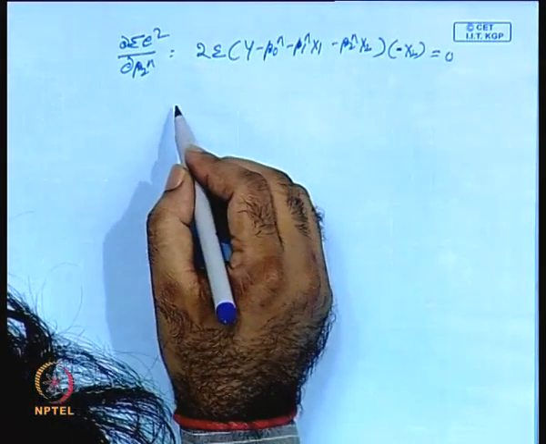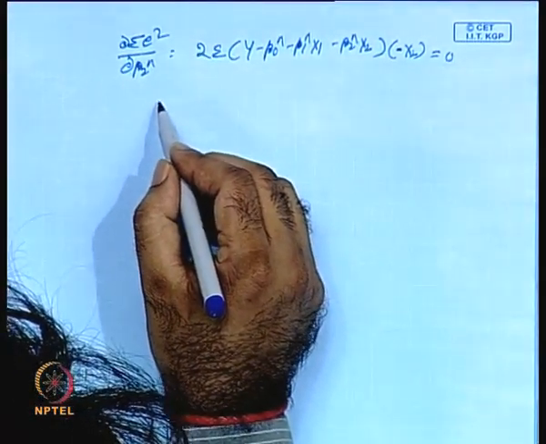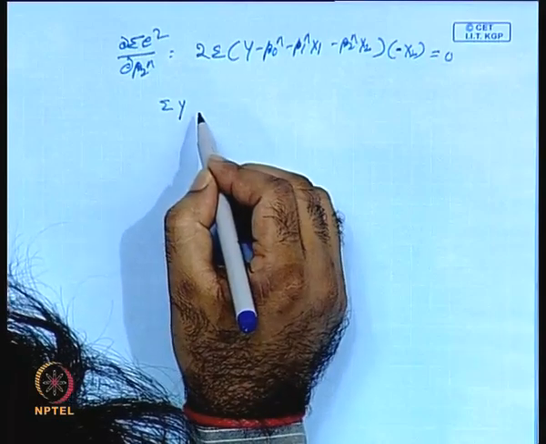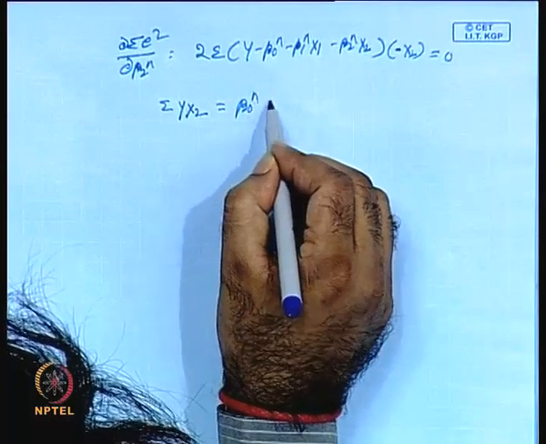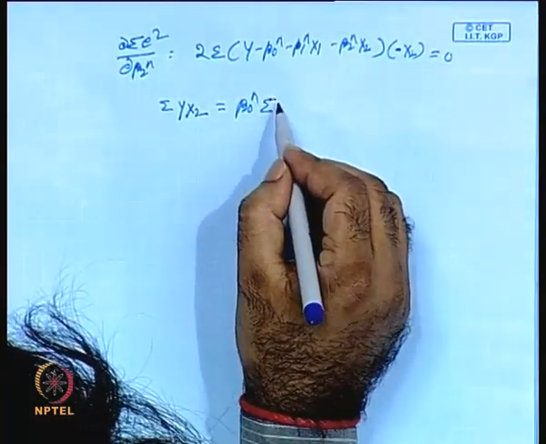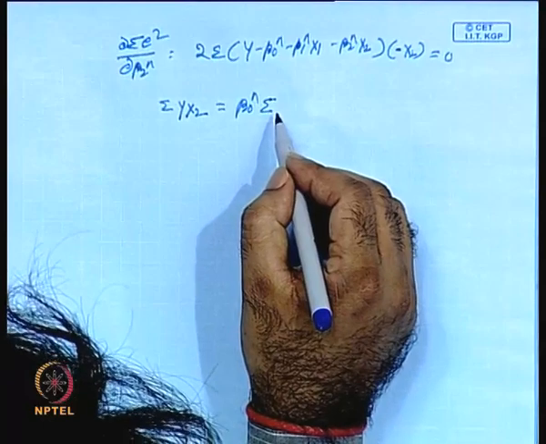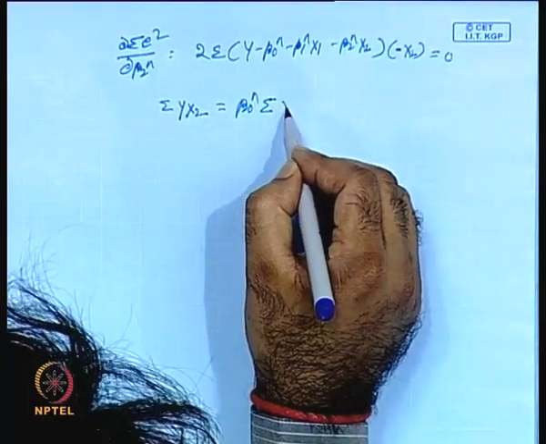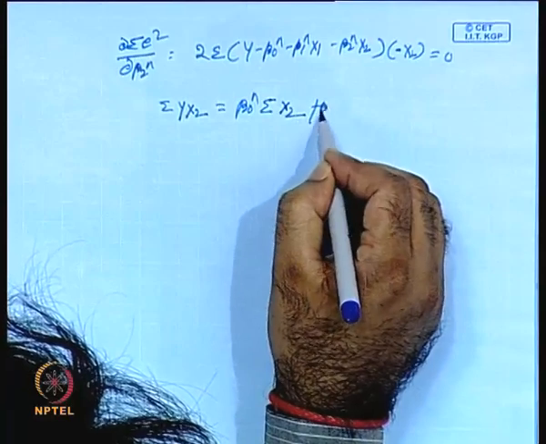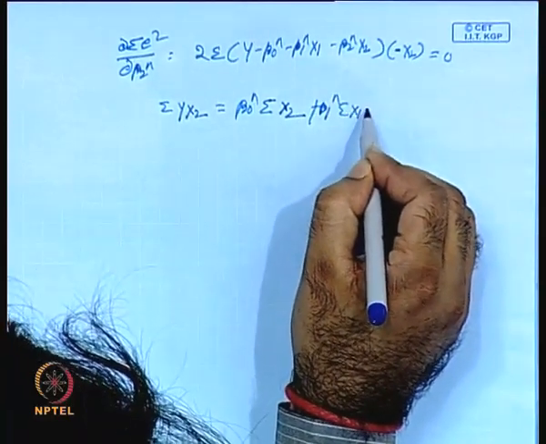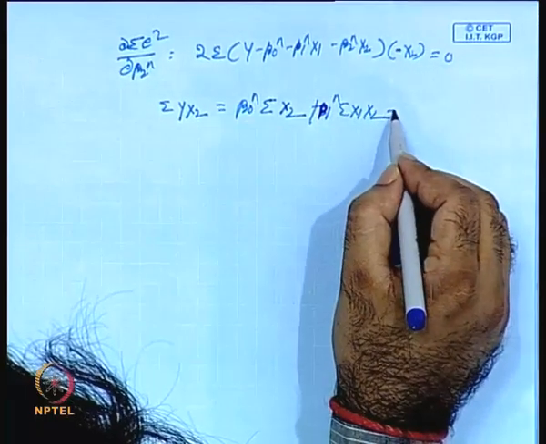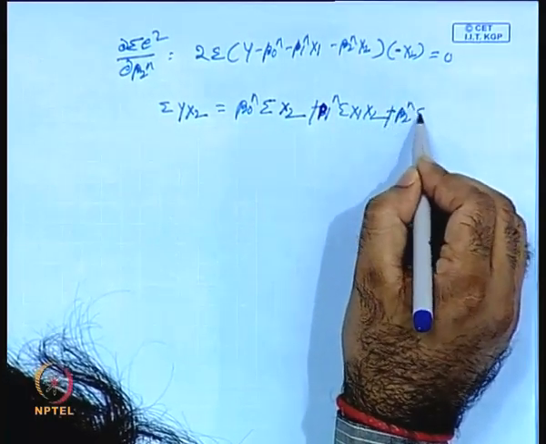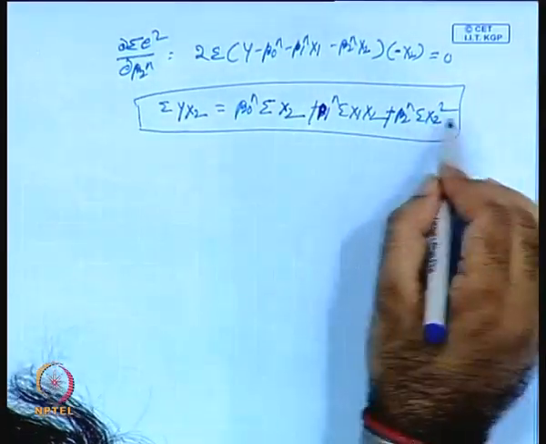Simplifying it, we have summation yx2 is equal to beta 0 hat summation x2 plus beta 1 hat summation x1 x2 plus beta 2 hat summation x2 squares.